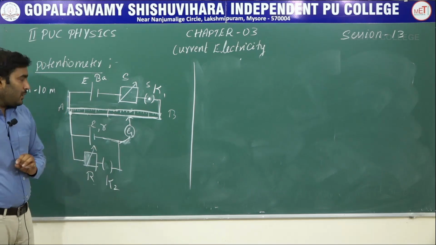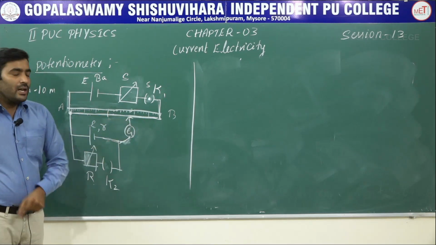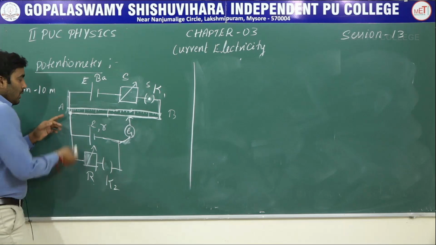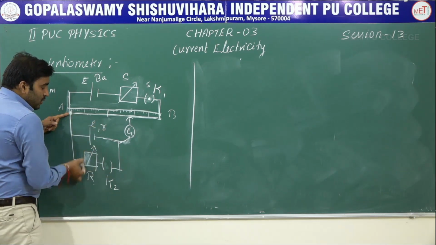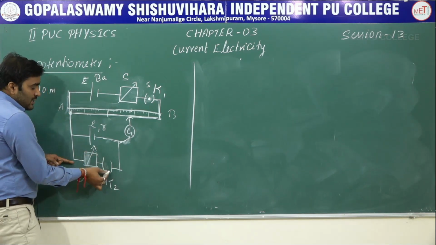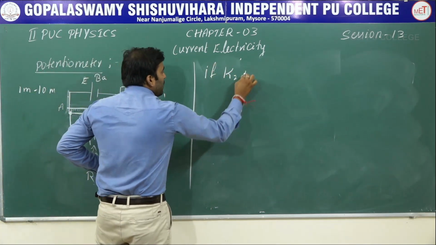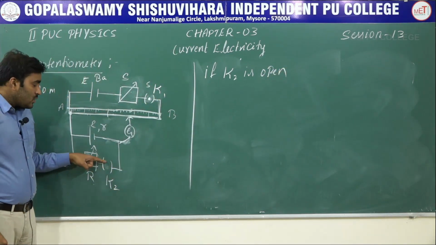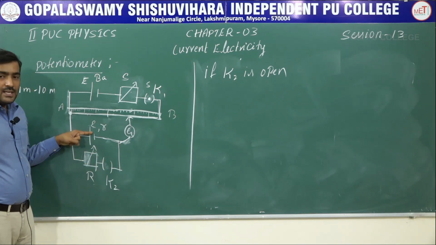Using the principle of potentiometer, we know that when steady current flows through the potentiometer wire, the potential drop across any length is proportional to the length of the portion. Here, if I make the current through this resistor to be 0, so that K2 is open, no current is flowing through the resistor as well as the cell.